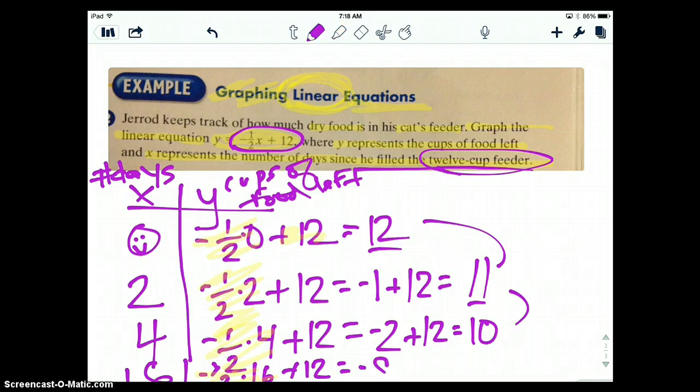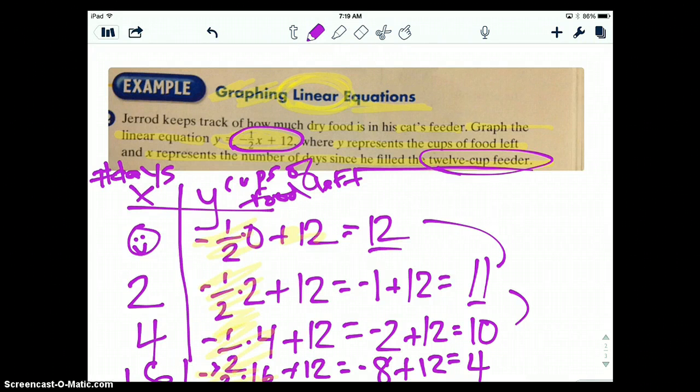Half of 16 is 8 plus 12. And I'm at 4. So the food is almost gone now here. You could probably predict how many days there's going to be no food left, but it doesn't say we need to do that.